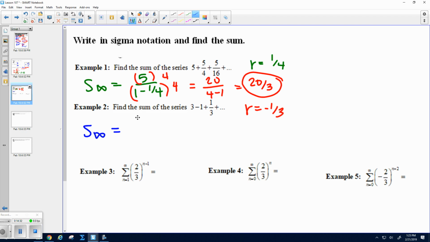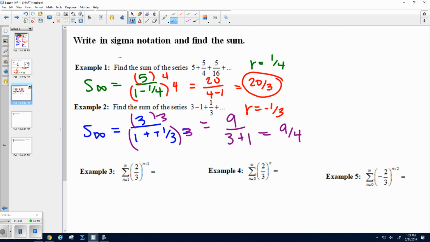A1 is what? 3 over 1 minus R is -1/3. Go ahead and change that to a plus. And again, to make your life easier, multiply the top and bottom by what? 3. It's better. 3 over 3. So I get 9 over 3 plus 1, which is 9/4.